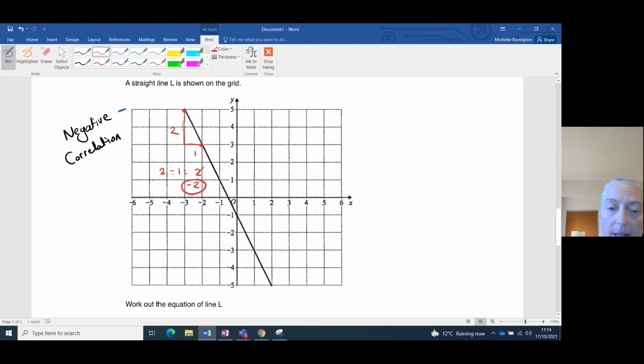So y equals mx plus or minus c. So m is -2, and it goes over at -1. Therefore, y equals -2x minus 1. Okay, brilliant.